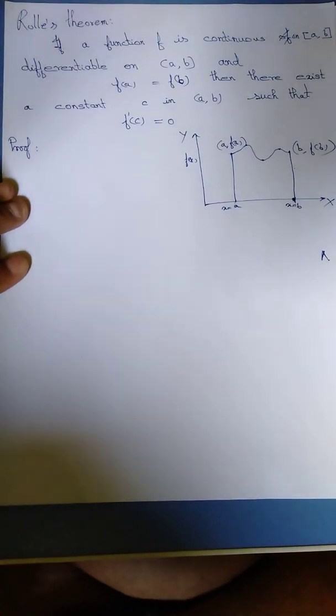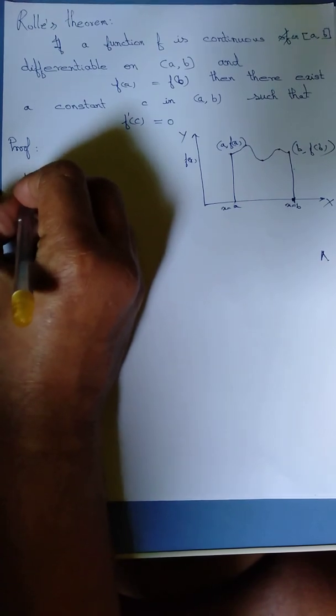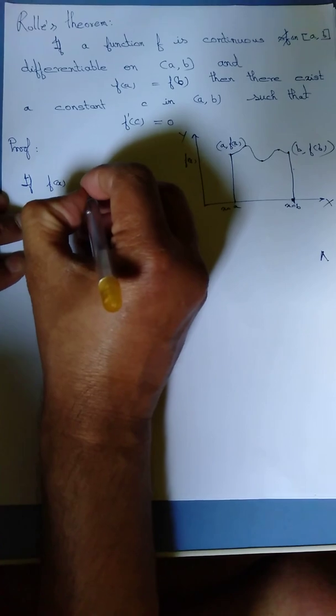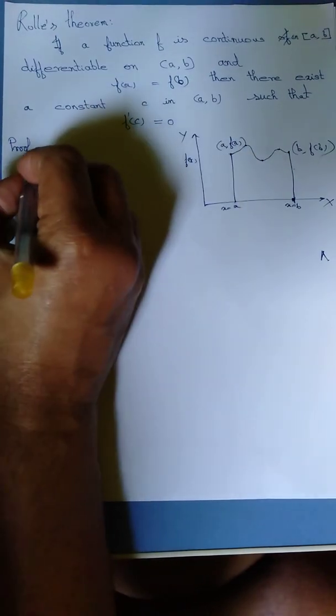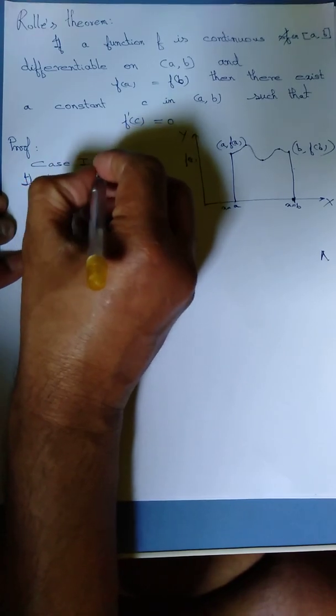Now let us look at the proof. If f(x) is a constant function, we have first case, the simplest case.